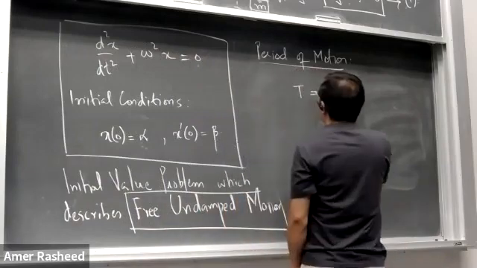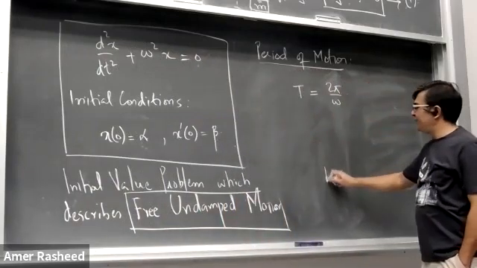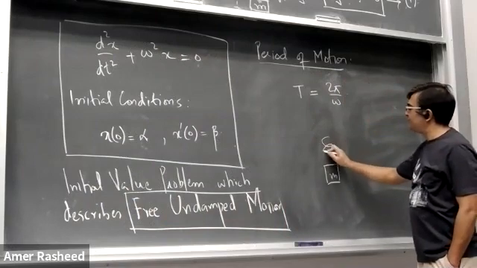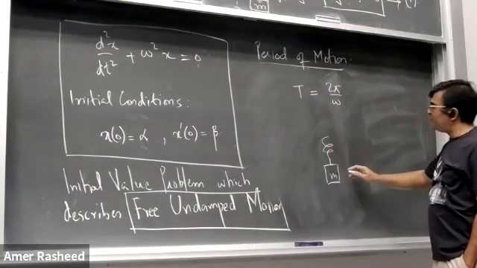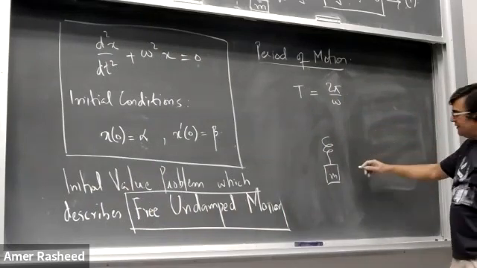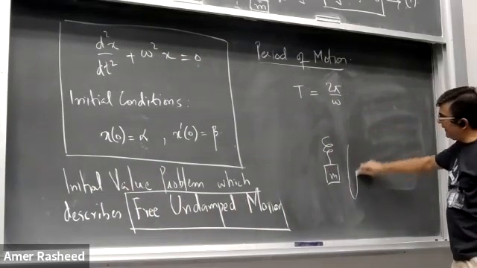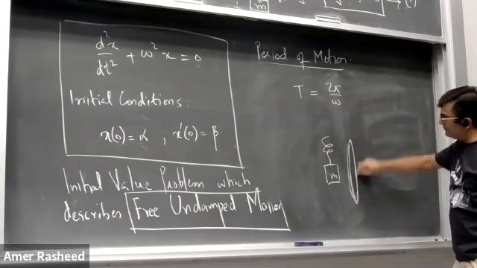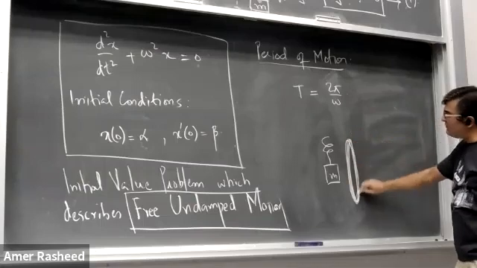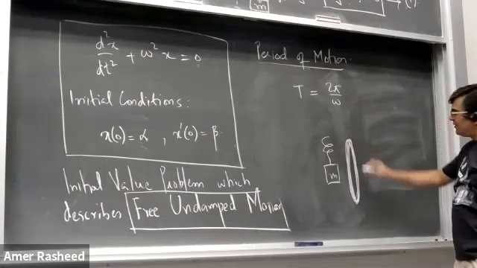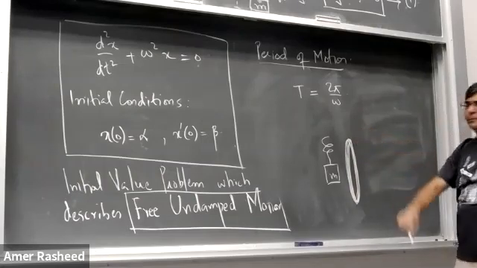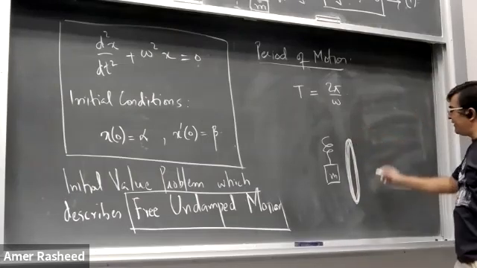Period of motion is, if this mass is attached to a certain spring, then after pulling it down or doing a certain thing, it will definitely oscillate up and down. So period of motion is the time in which one cycle of that oscillation is completed, upward and downward.